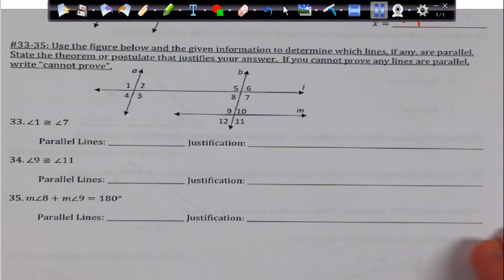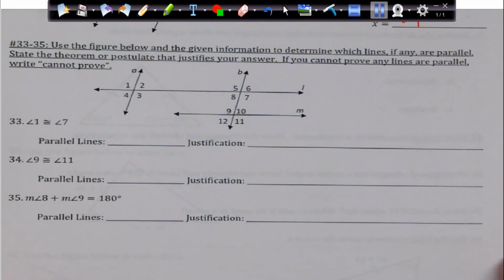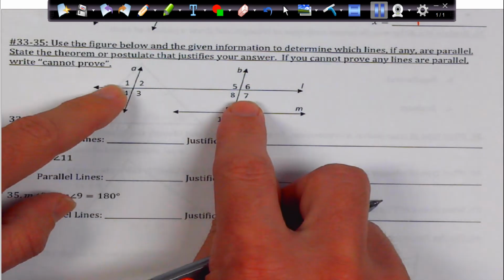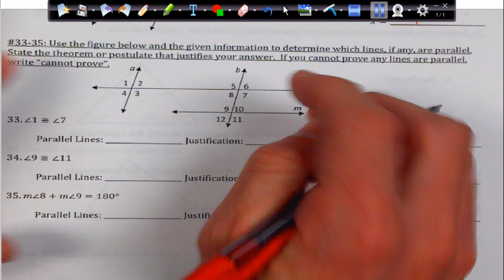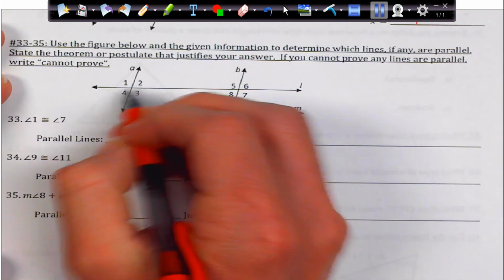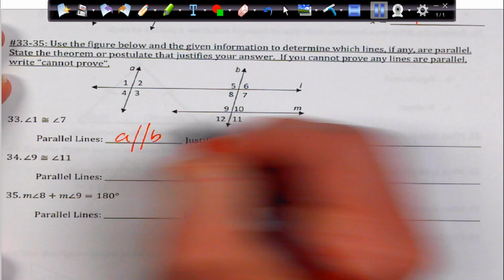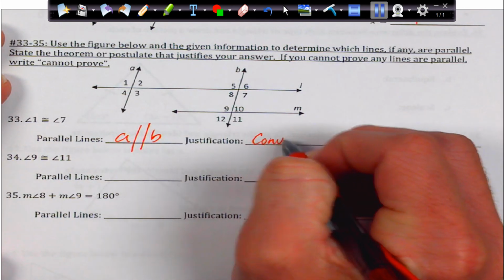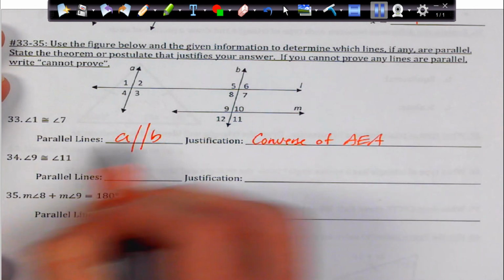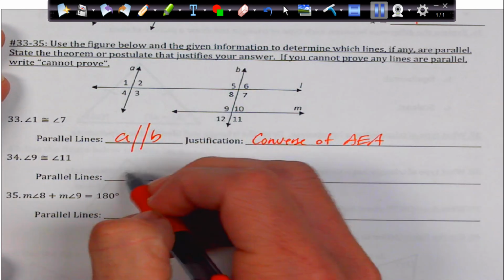All right, number 31. 1 and 7, they're alternate exteriors, so we can prove, since L is cutting A and B, we could say A is parallel to B, and the justification would be converse of alternate exterior angles. 9 and 11 are vertical angles, so there's nothing on that.